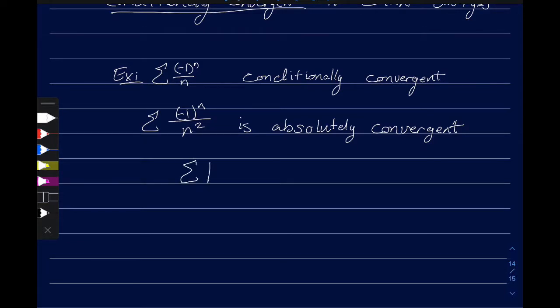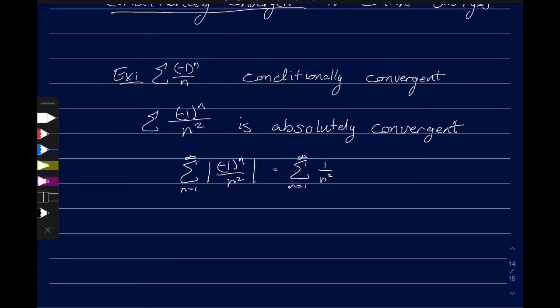Let's see why. If we look at the sum of the absolute value of -1 to the n over n squared, as n ranges from 1 to infinity, that's the sum of 1 over n squared.